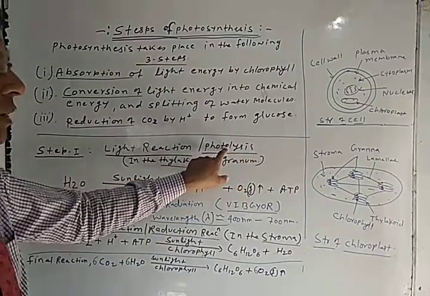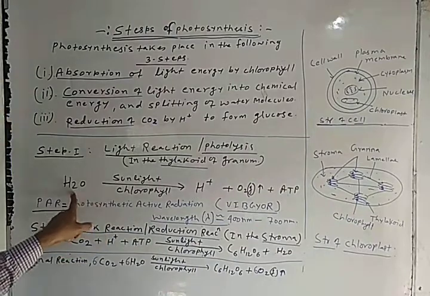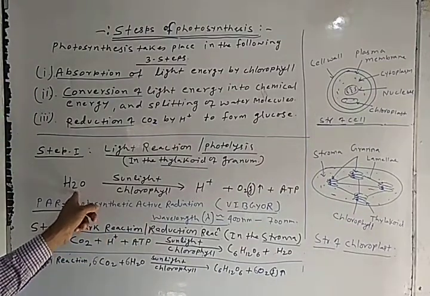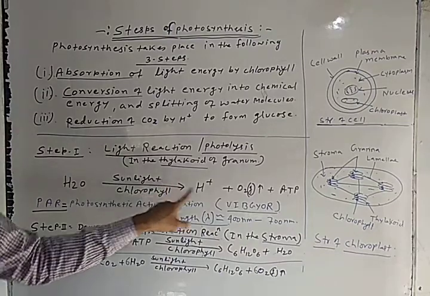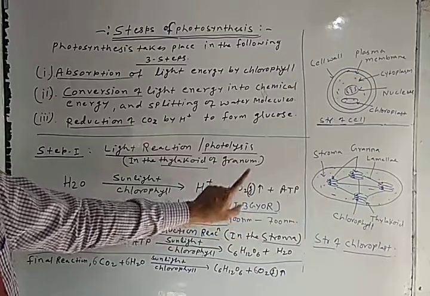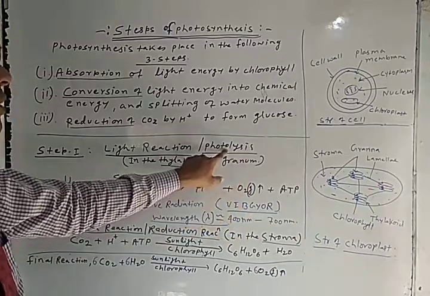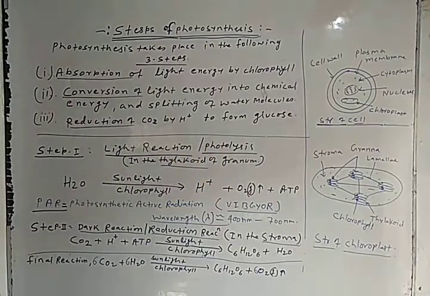Photo means light, lysis means to break down. So here the water molecule breaks down in the presence of sunlight into hydrogen ions and oxygen molecules. So this reaction is also called photolysis or light reactions.